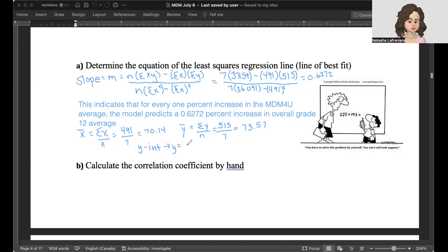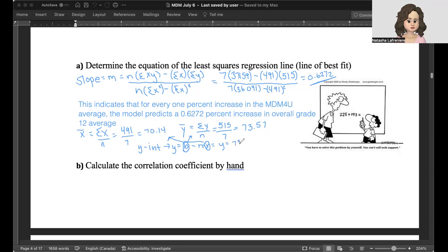So b is equal to y-bar minus m times x-bar: this is that value, and your x will be this value. And we know our m from up here. This is our m.